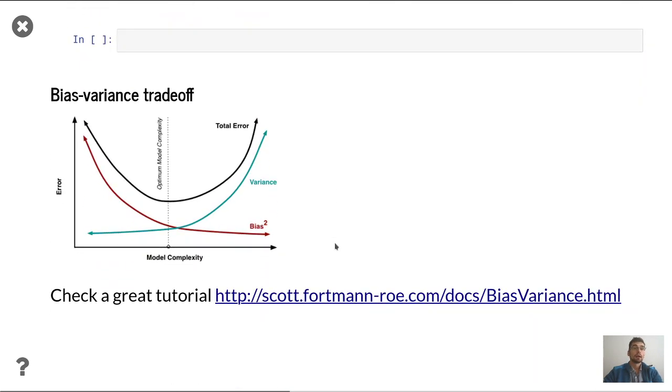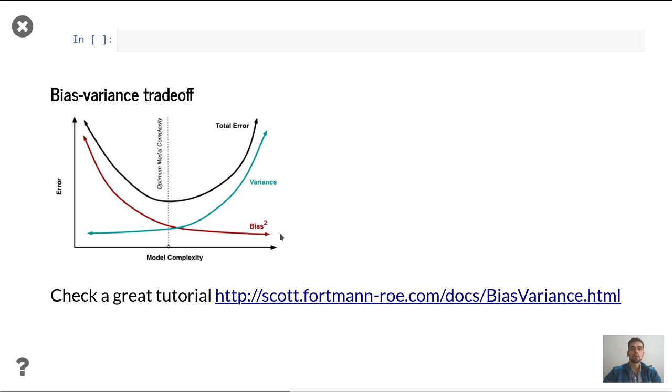Okay, let me remind you of this illustration of how model complexity affects the error. We can think that squared bias is our train error, and the total error is the test error. So we just played with this train error.